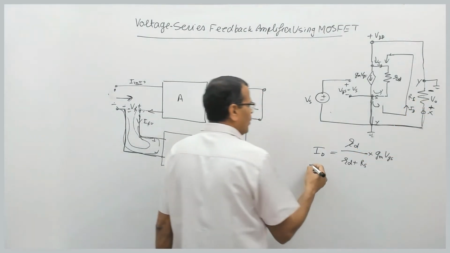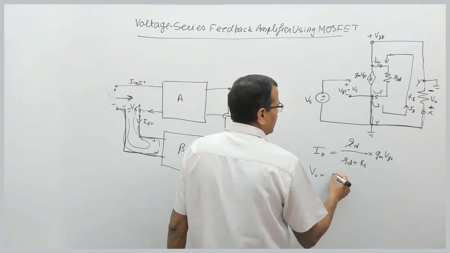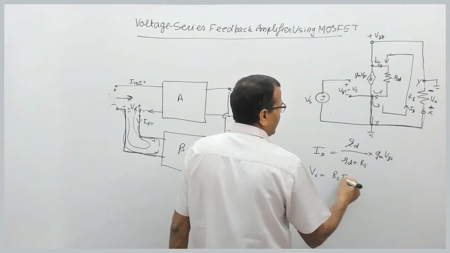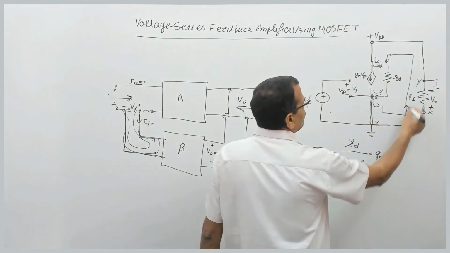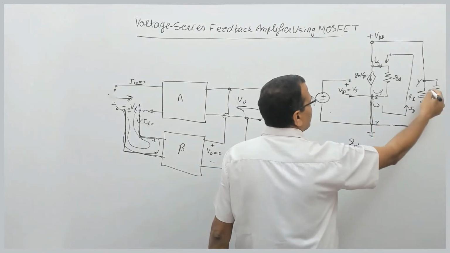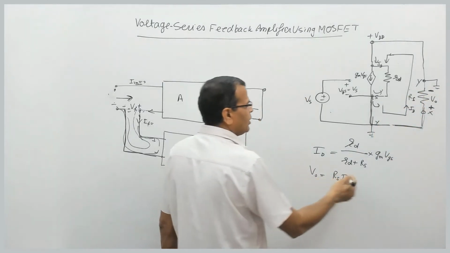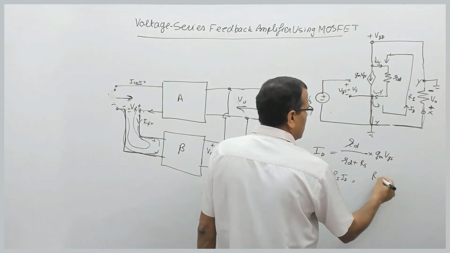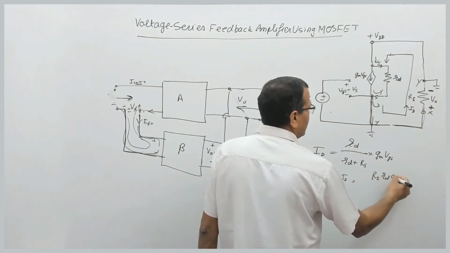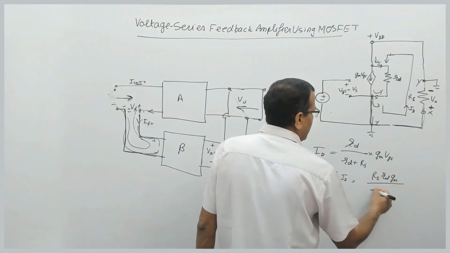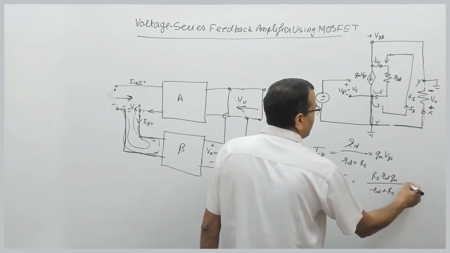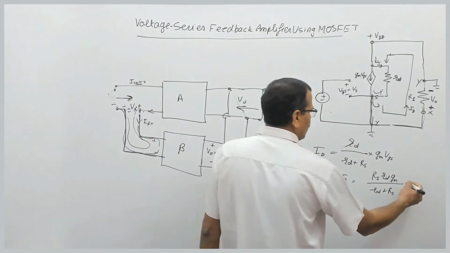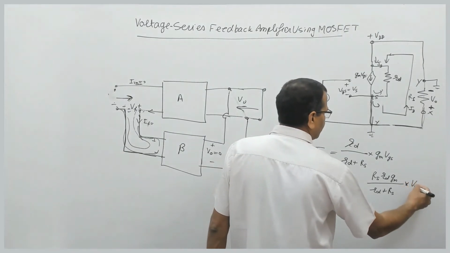Fine. So V0 will be equal to RS into ID. Why? Because current is going from down to up. So the lower end is plus, the upper end is minus. So that is the same as the output voltage. So this is RS RD GM by RD plus RS multiplied by voltage VGS.